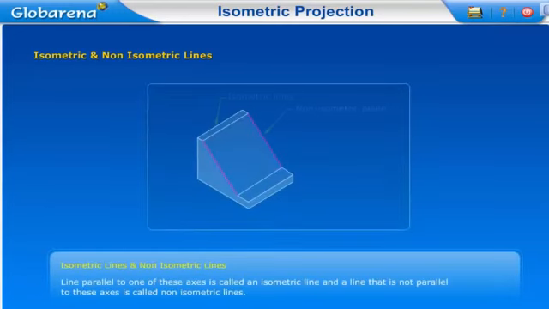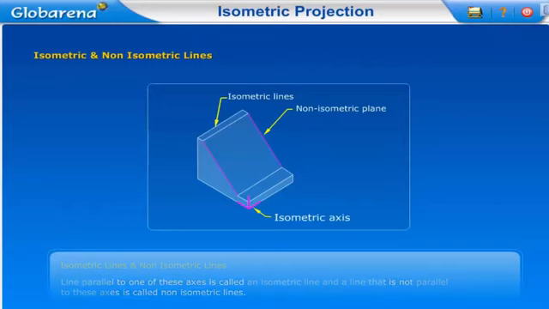Isometric and non-isometric lines. A line parallel to one of these axes is called an isometric line, and a line that is not parallel to these axes is called a non-isometric line.